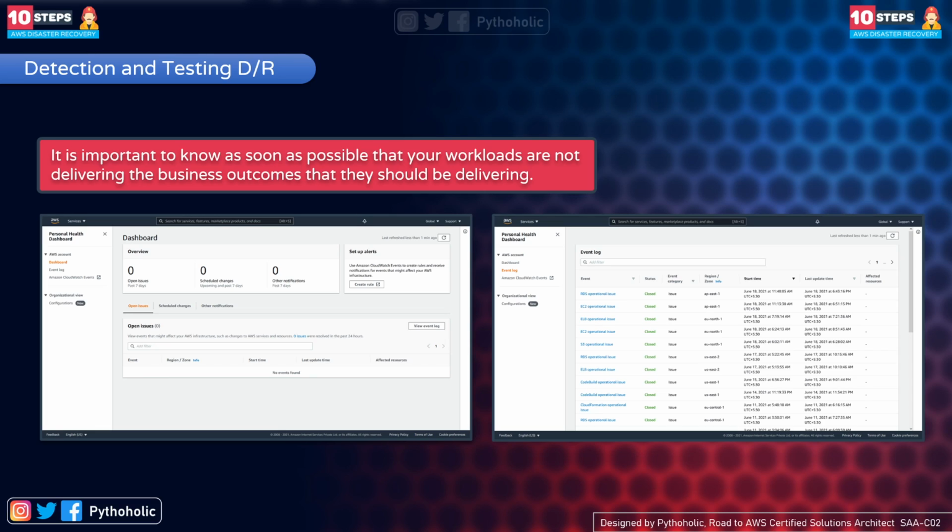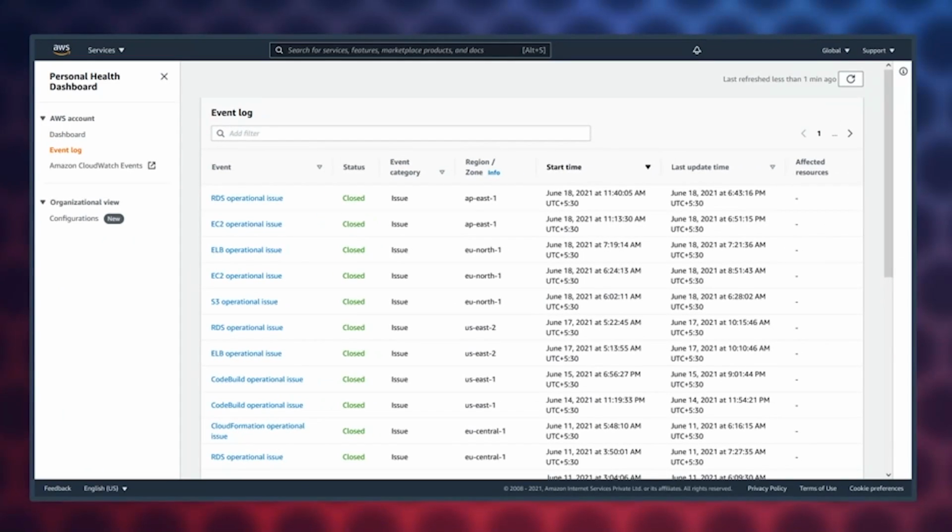With the Personal Health Dashboard, you get the event log where you can see if there are any issues with the services that you are currently using on AWS. So that's a very good thing. Make sure that you use it to your benefit to identify what things are going wrong or if they are functioning properly or not. And you can see here we have operational issues and the status has been closed. So these are the issues that have been resolved.